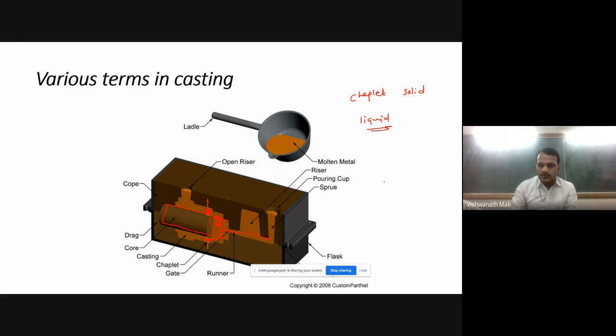That's why the chaplet size is very small, and these are made of the same material as the casting. Whatever the molten metal is, the chaplet is made of the same material. Okay. So these parts we are going to study in detail. I'm just giving the overall overview of the parts which are used in the casting.